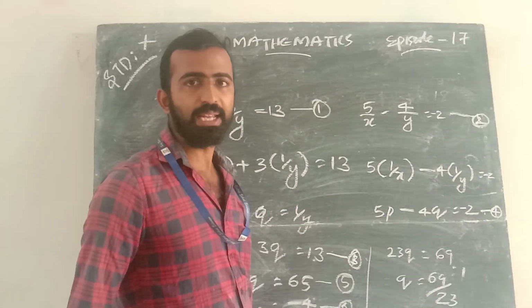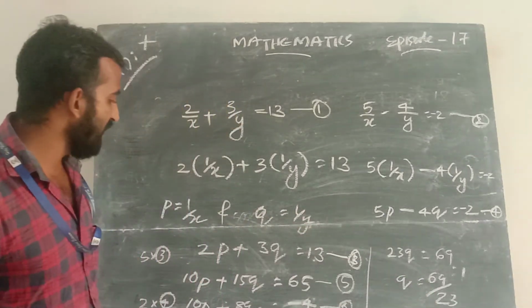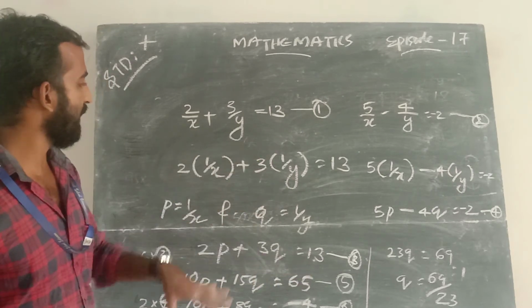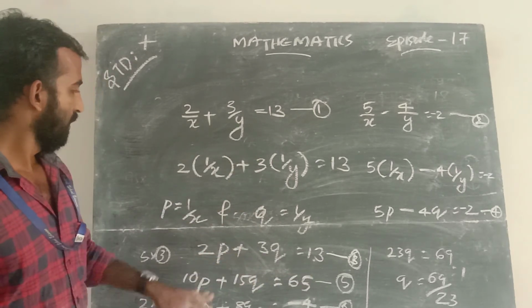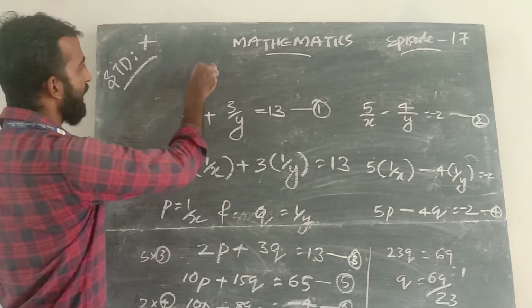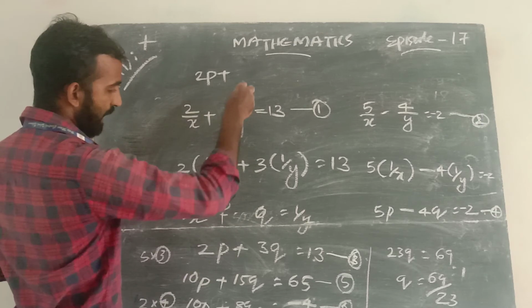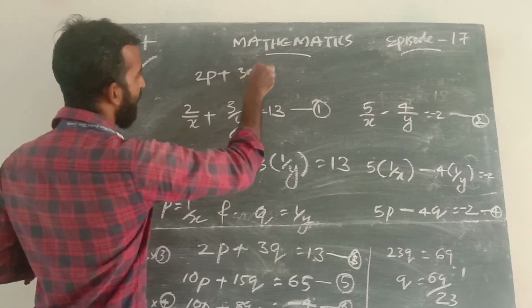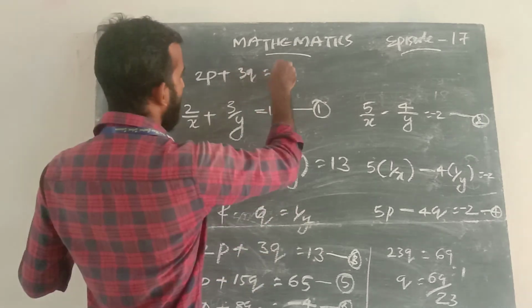Then let me put the value of q in equation number 3, that is 2p plus 3q equal to 30.